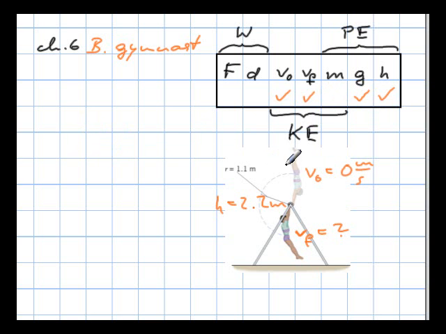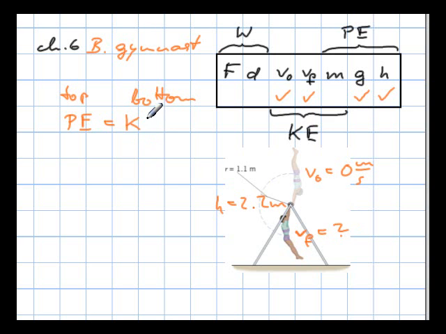Any case, the way we should attack this problem is that up here we have potential energy. So potential energy on the top, and no kinetic energy at the top because the velocity is 0, and then at the bottom we have kinetic energy because the gymnast will be rotating through here, so he will have some tangential velocity, so kinetic energy.